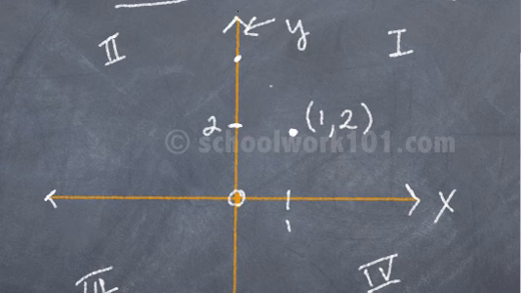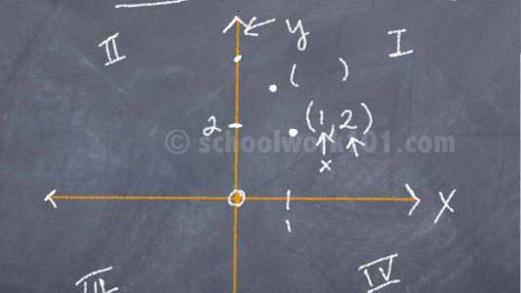So as you can see, every single point is associated with some ordered pair. And this first number here comes from the x-axis, and this number here comes from the y-axis. So this thing is made up of course, an infinite number of points, and therefore it's an infinite number of ordered pairs.